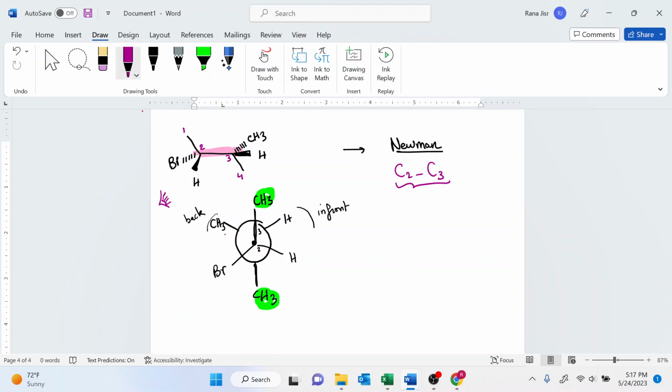And the dihedral angle between the CH3 and the bromine is 60 degrees. So definitely there will be some sort of repulsion between them. It's similar to gauche repulsion in there, even though it's not 2 carbons, but it's a bromine and a CH3, so we can still call it a gauche. So gauche is whenever big groups approach each other and their dihedral angle is 60 degrees.